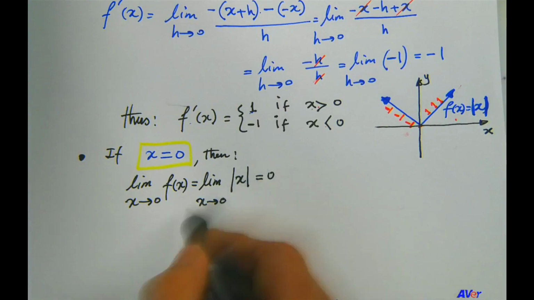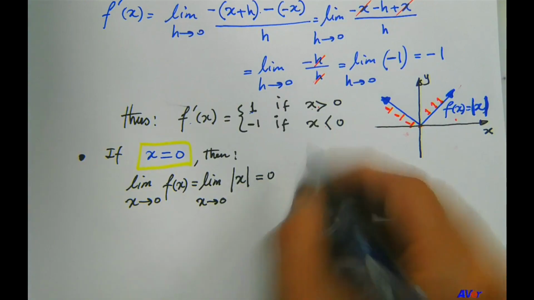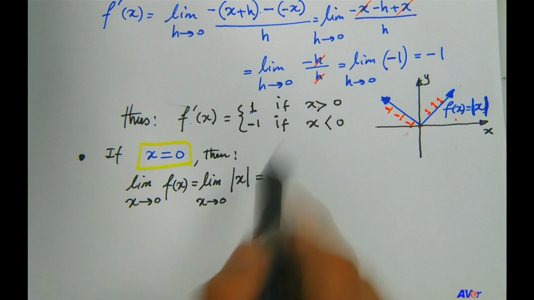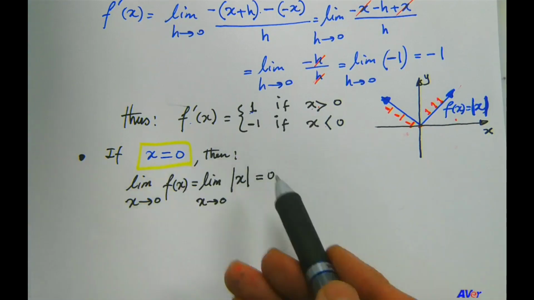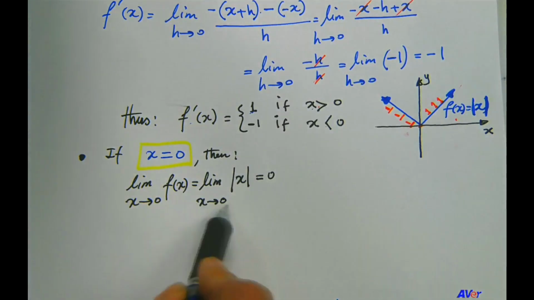We can just replace it and see that. That is 0. So at this point, the limit of the function as x approaches 0 is 0.